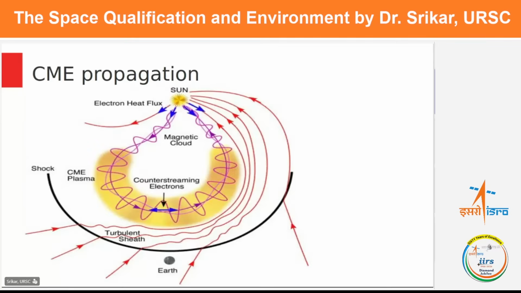So these are again some of the important features that can alter the state of the space environment for up to a scale of a few days. The one thing that I didn't mention about flares is that flares actually last for maybe a few minutes to hour scale. So those are the transient time scales.